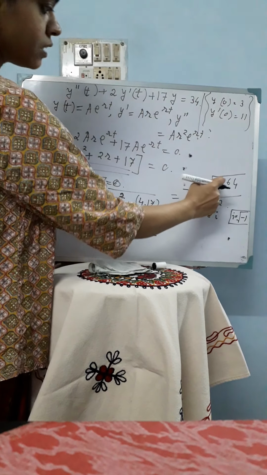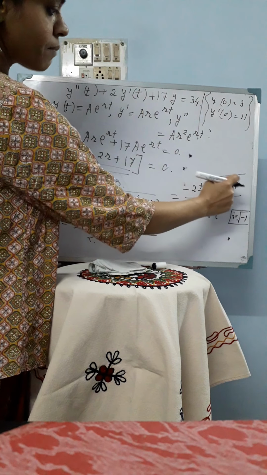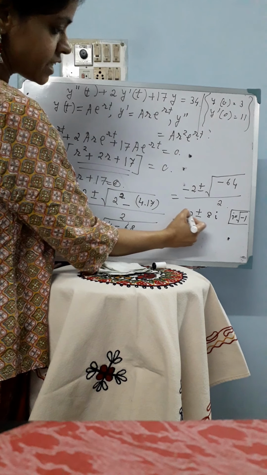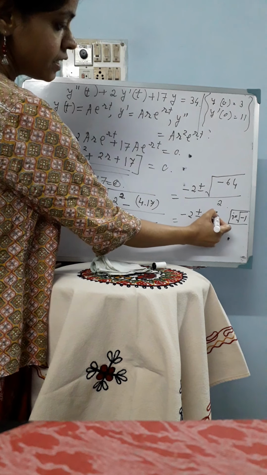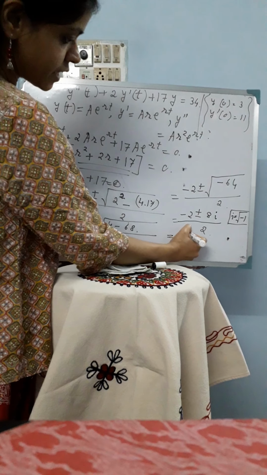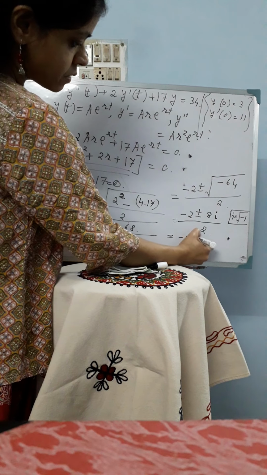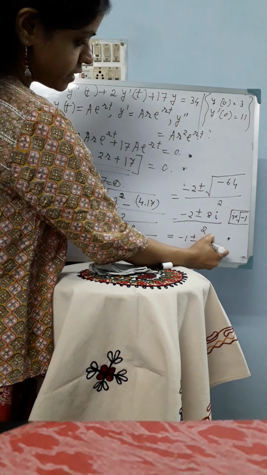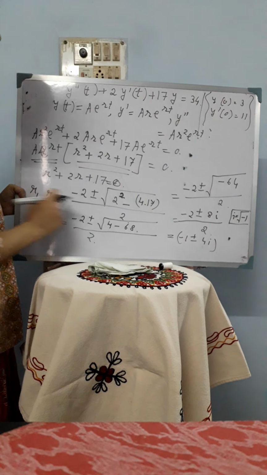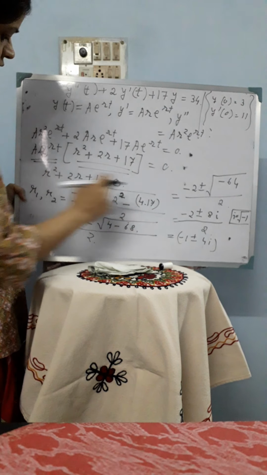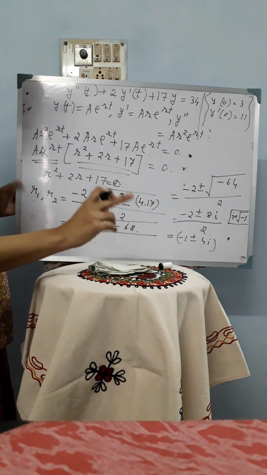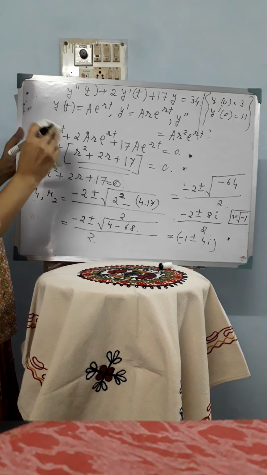So in place of root over minus 64, we can write 8i. So we will have minus 2 plus minus 8i in the numerator, and the denominator we have 2. From here we are getting minus 1 plus minus 4i. So we are getting the two complex roots: r1 is equal to minus 1 plus 4i and r2 is equal to minus 1 minus 4i. So this is a case of complex roots.